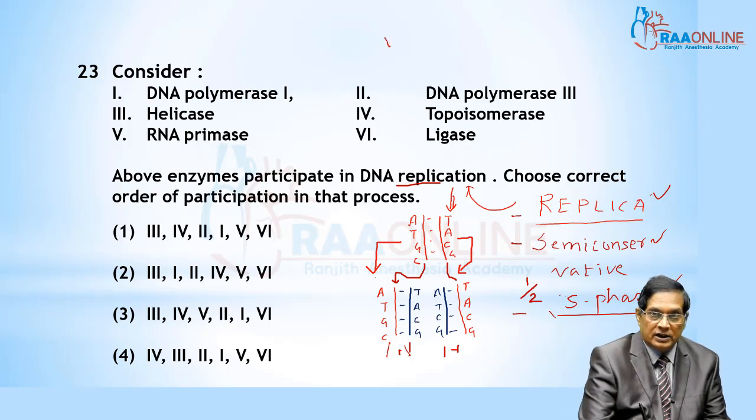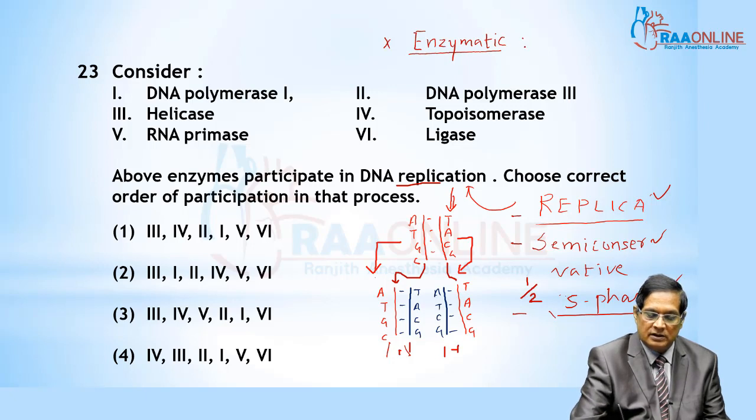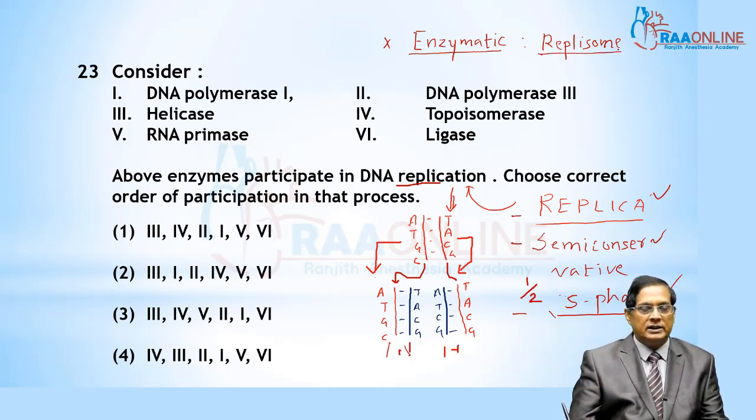Next, fourth important information, that is, the entire process is enzymatic. DNA replication is an enzymatic process, and the group of enzymes involved in DNA replication is known as the replisome.